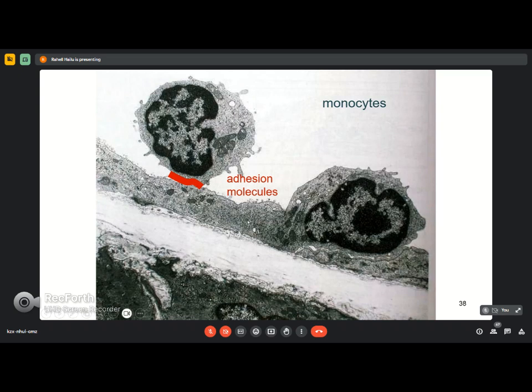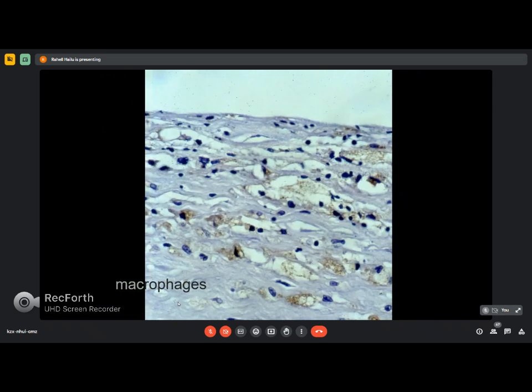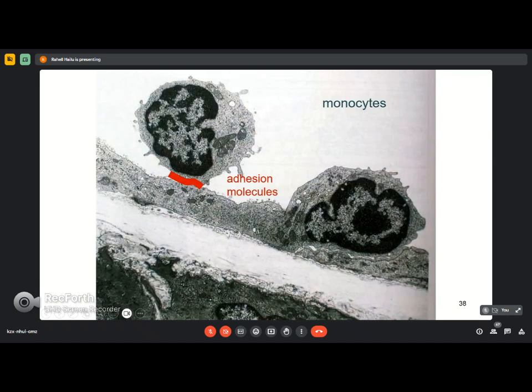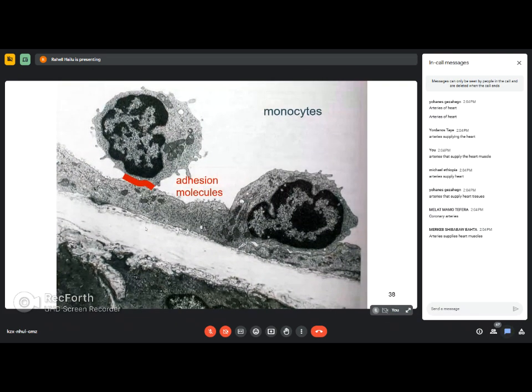This is the cell, this is the endothelial surface, and this is the subendothelial tissue. And this is what you see on histology. So when monocytes get access into the tissues, what do you call them? What are tissue monocytes called?